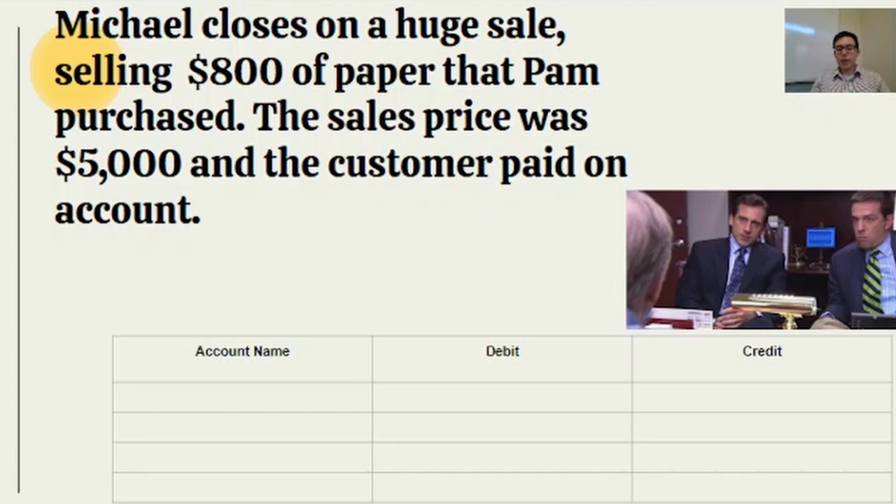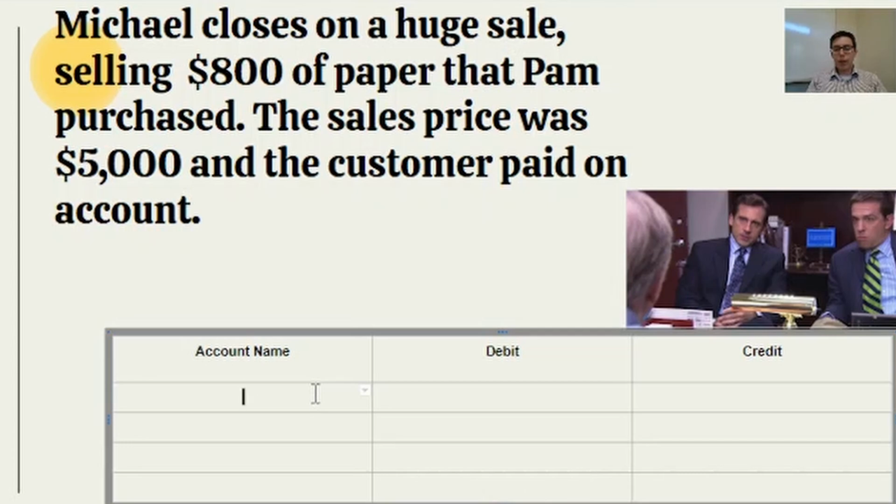So I always think the easiest thing to do first is record the sale. So we made a $5,000 sale. At first you might be thinking, we received money, we received some cash, we should debit that, but actually we've got to pay really close attention to the customer paid on account. This is kind of what we were talking about earlier. Instead of accounts payable though, we're going to call this accounts receivable.